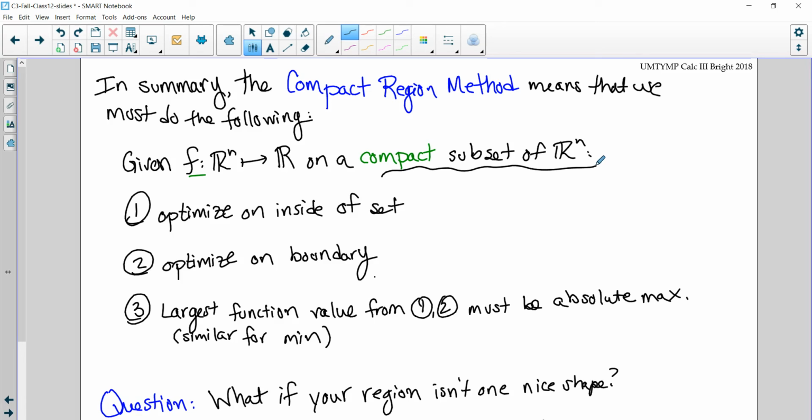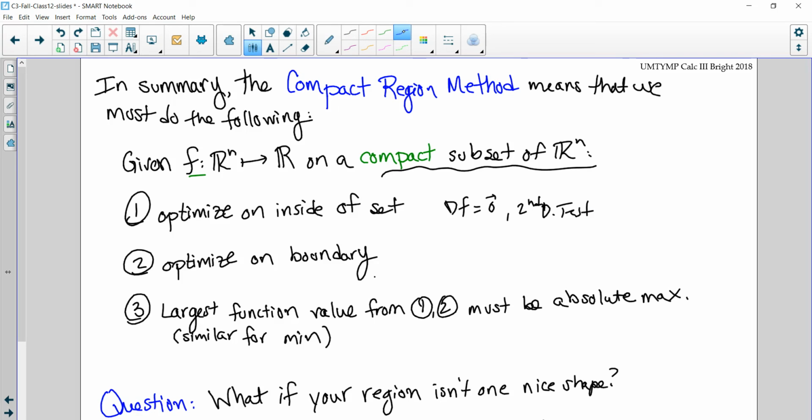So step one is find the gradient, set it equal to 0, and then do the second derivative test. That would give us some idea about mins, maxes, saddle points, etc.